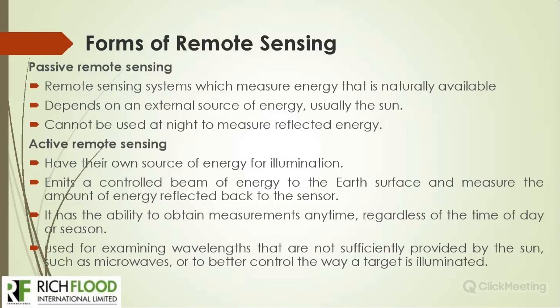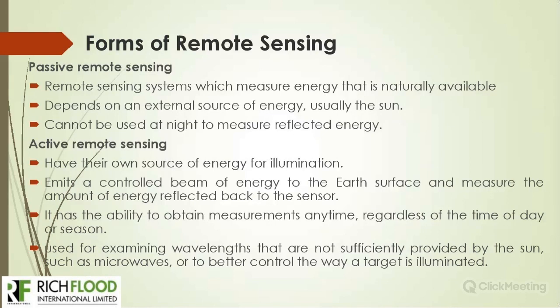So that is one aspect of passive remote sensing, and the other one depends not on sunlight, but on another passive remote sensing system whereby information could be emitted from the object itself, and this could be used at night to study the phenomenon on the Earth's surface.